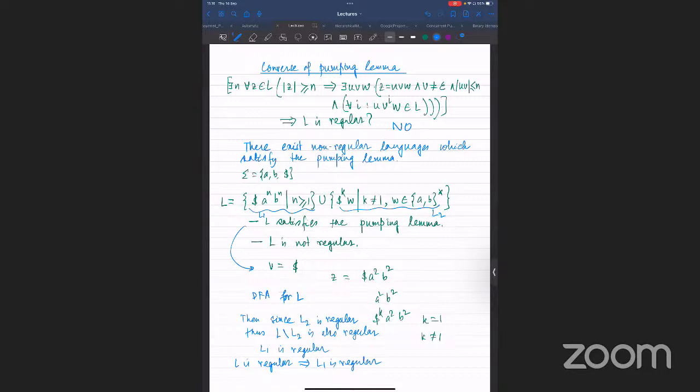But suppose now you have to show that indeed L1 is not regular. How are you going to prove that L1 is not regular? Pumping lemma. L1 is dollar a^n b^n. So how are you going to show this?